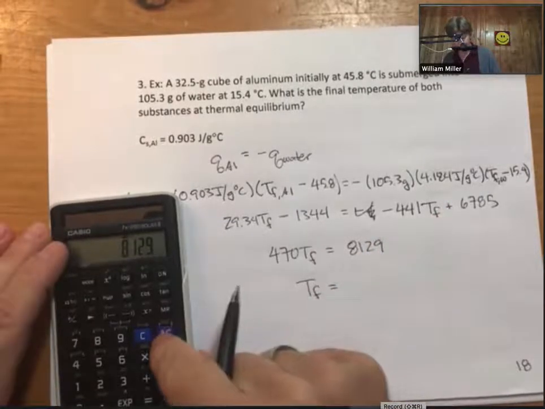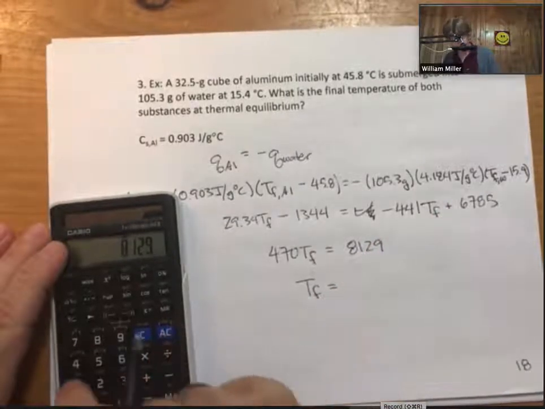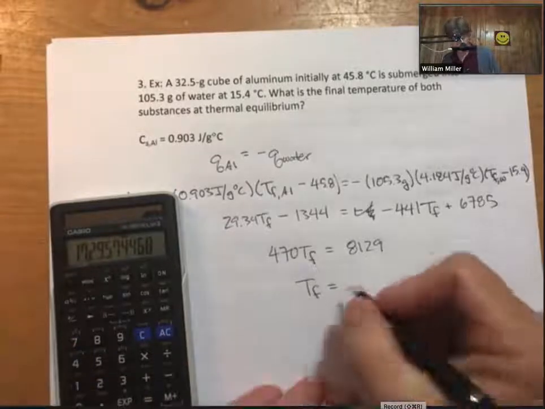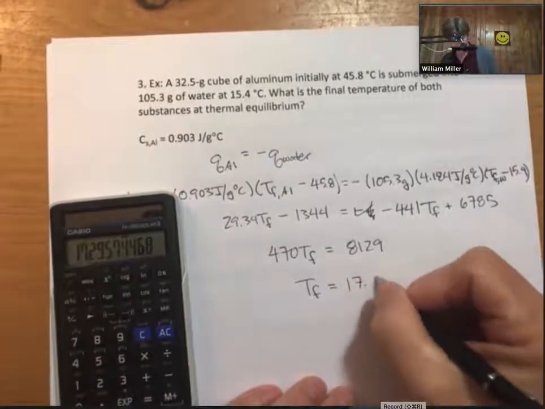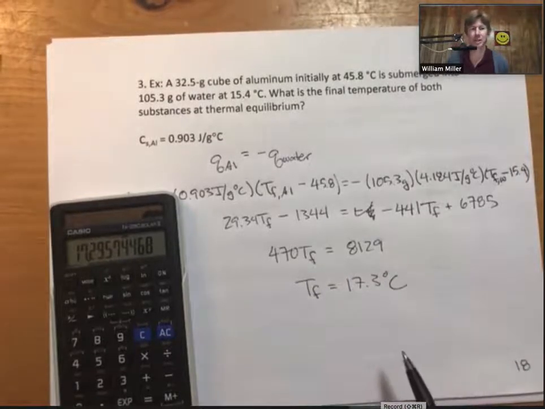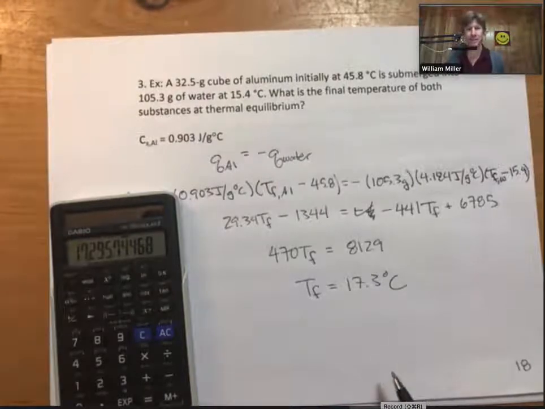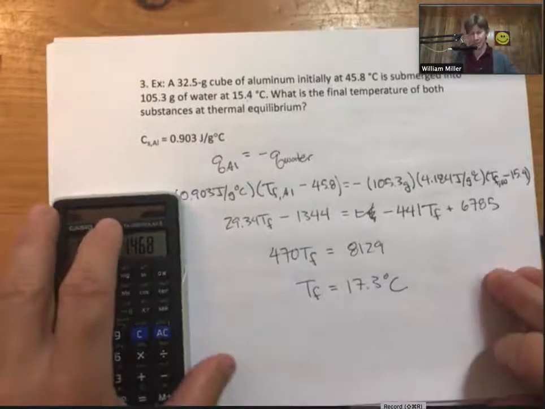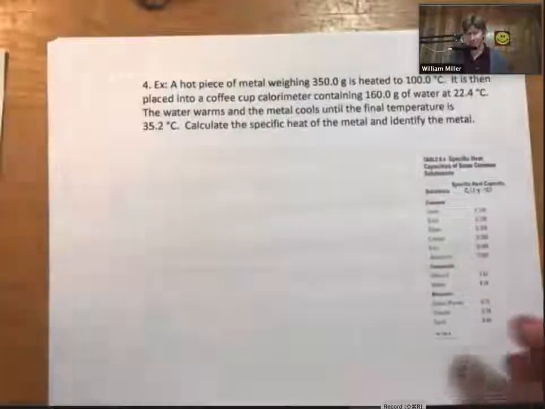Divide through. And I get my final temperature, 17.3 degrees Celsius. There's 3 examples. There's another example on the next page. That is going to be a companion problem.